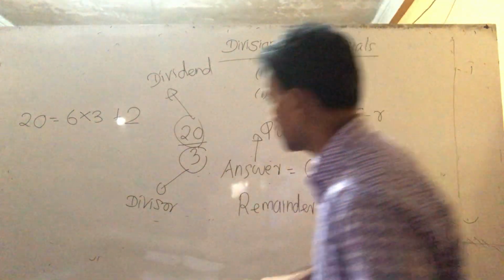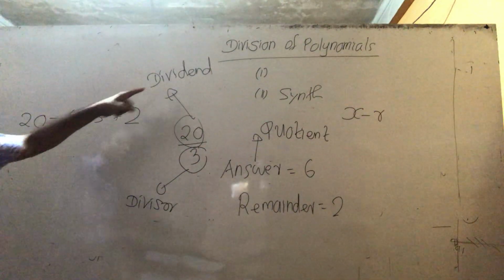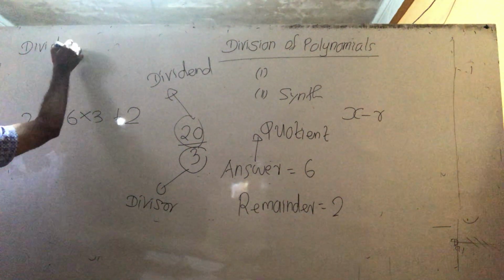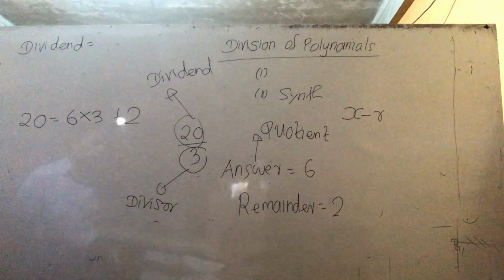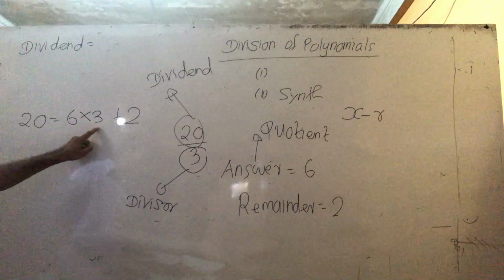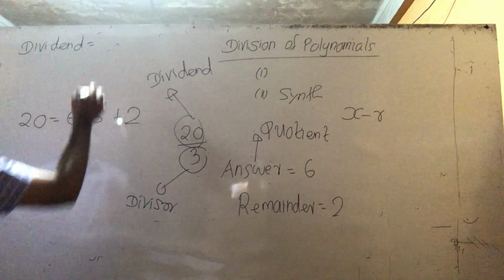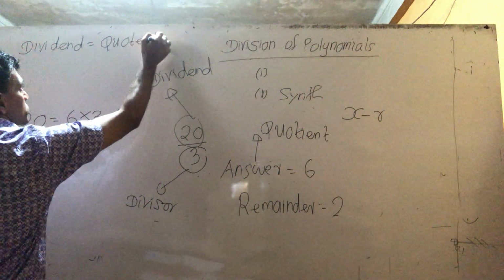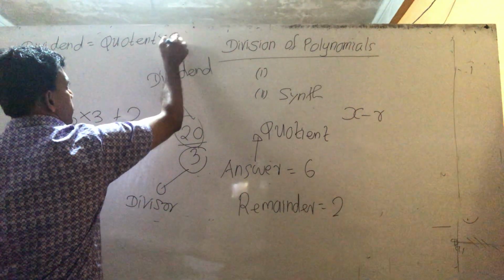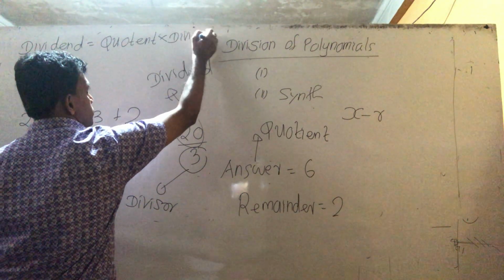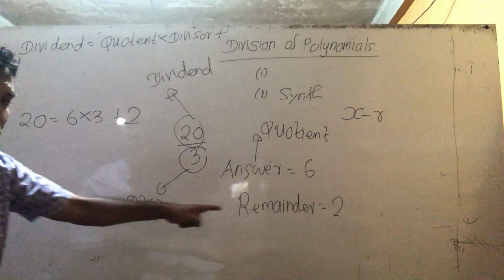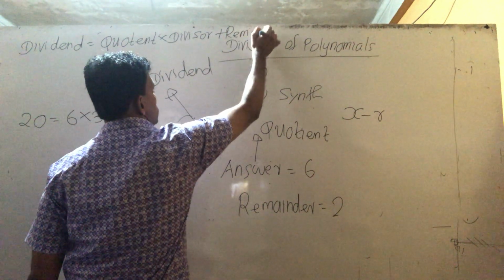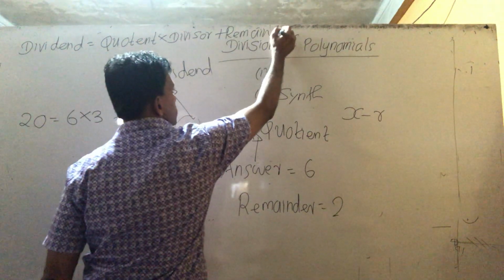So the expression, or dividend, equals quotient into divisor plus what? The remainder, right? Okay.